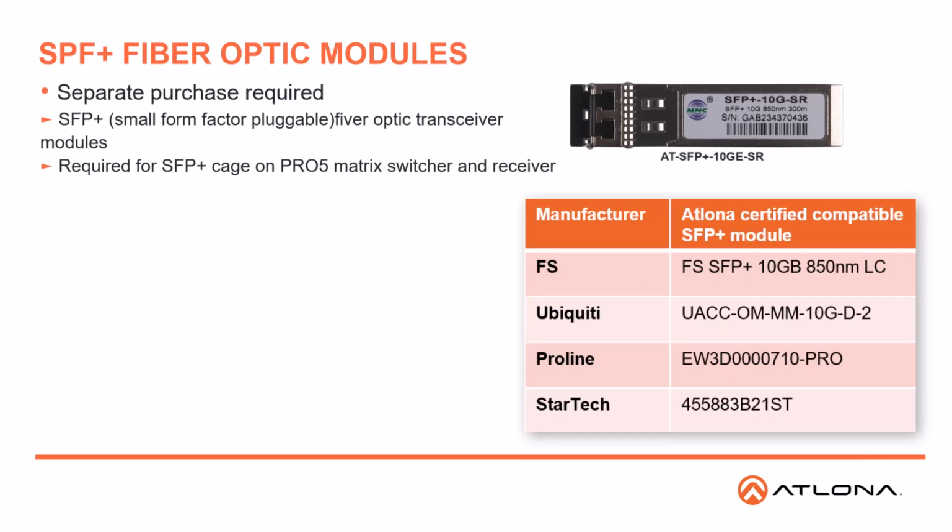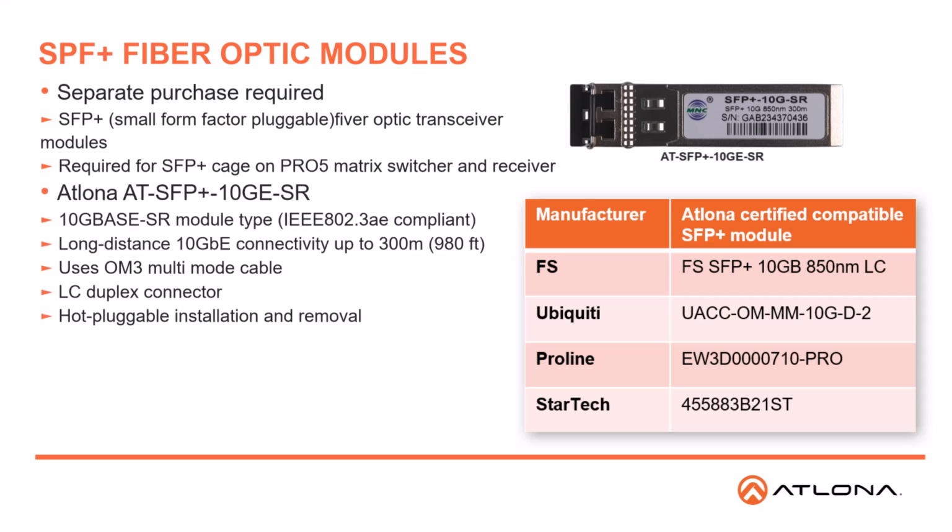To use fiber optic cabling, an SFP+ fiber optic transceiver module is required. It plugs into the SFP+ cage of the Pro5 Matrix Switcher and receiver. SFP+ modules are a separate purchase. Atlona is offering the AT-SFP+10GESR for OM3 multimode cable with 10 gig connectivity up to 300 meters.